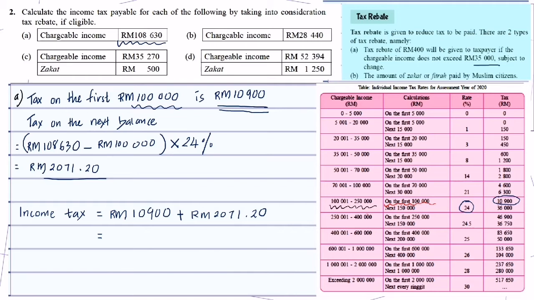So the total income tax is 12,971 ringgit 20 cent.